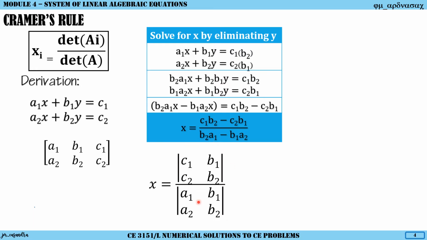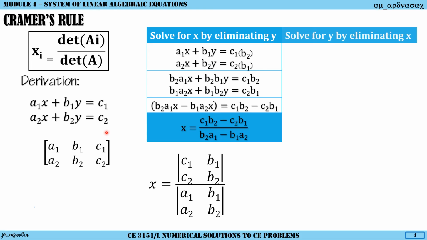For our numerator, as you can observe, since we are solving for x, the values in the x column are changed to the values on the right side of the equation, or our constant values.